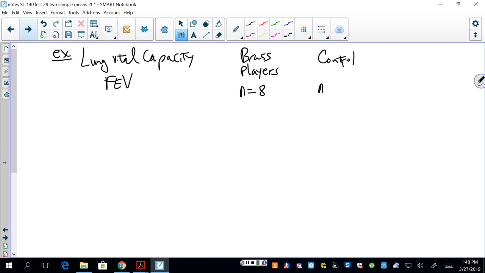Maybe this is a small sample size, 8 and 7. The average in this group is 4.83. The average in this group is 4.74. The standard deviation reported in this group of the several measurements is 0.435 and 0.351.